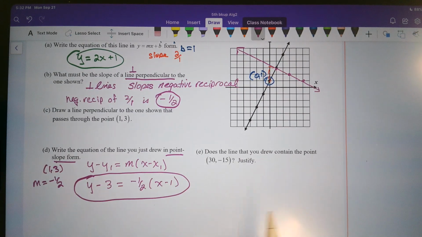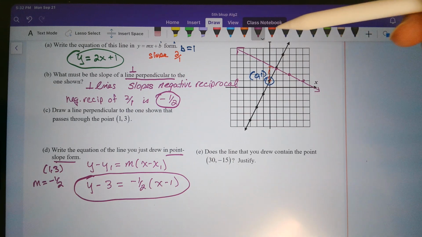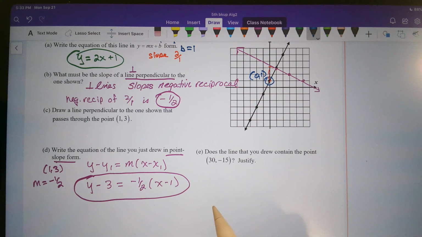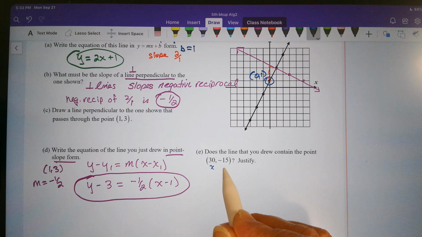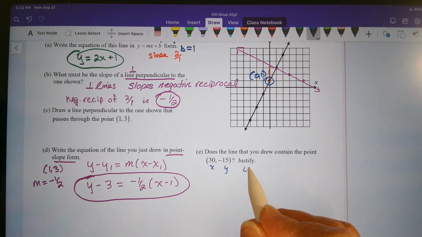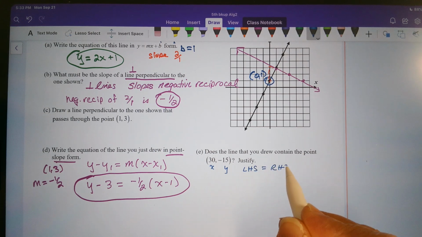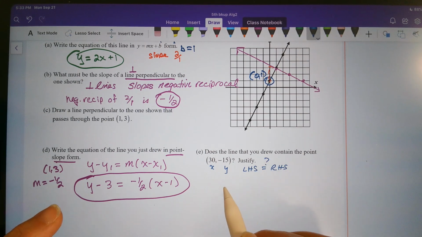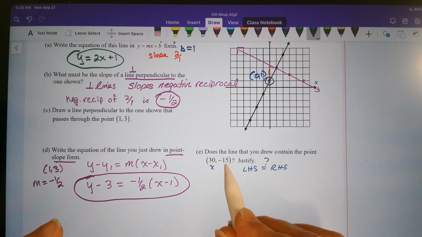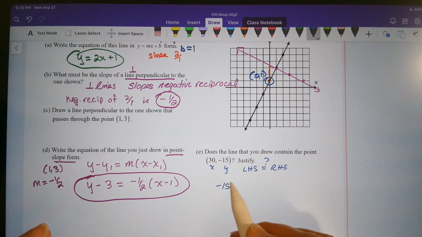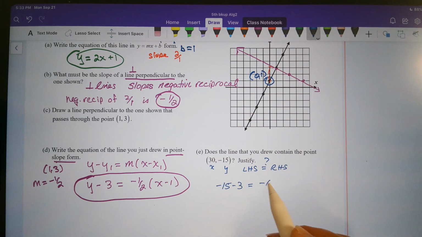Does the line that you drew contain the point 30, -15? Justify. In other words, we substitute 30 in for x and -15 in for y and see if the left-hand side is equal to the right-hand side. Okay, so I'm taking y minus 3, putting -15 in for y, so this -15 minus 3 equals -1/2 times 30 minus 1.